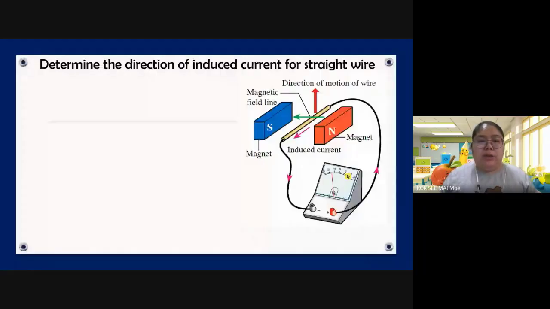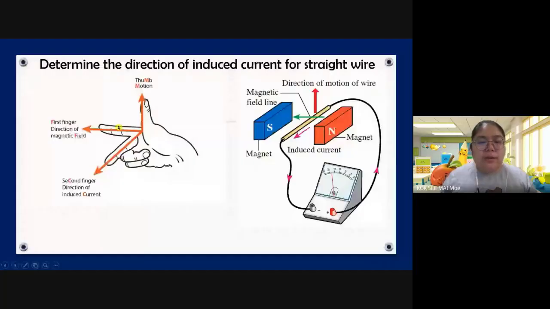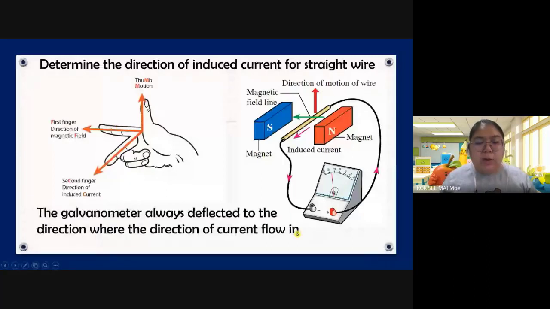Now we show the right-hand rule. This is a sentence you need to know to find the galvanometer deflection: the galvanometer always deflects in the direction in which the current flows in.